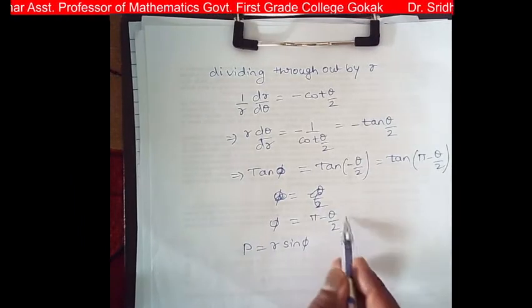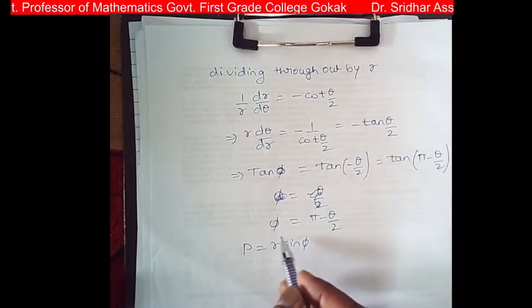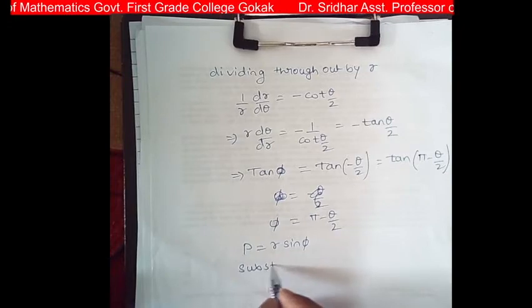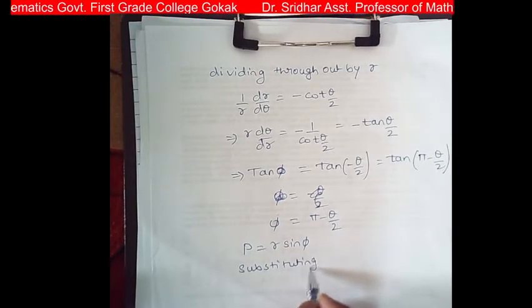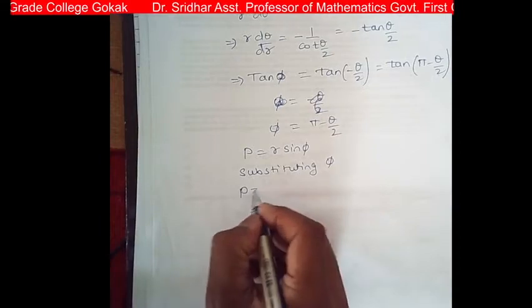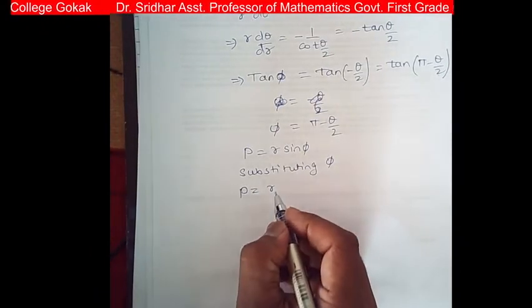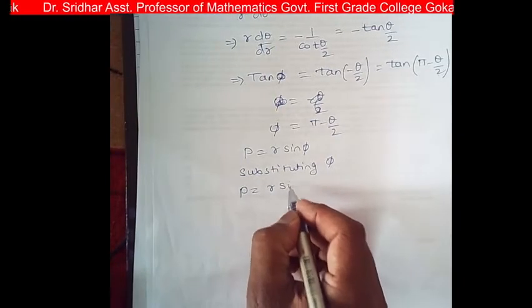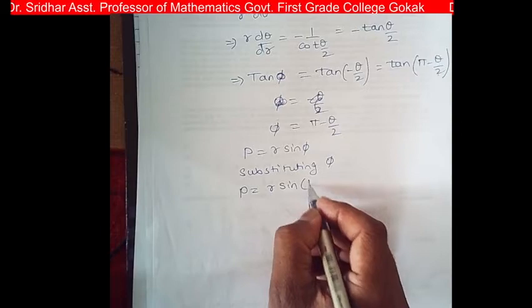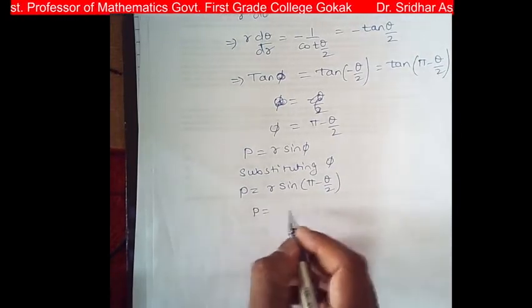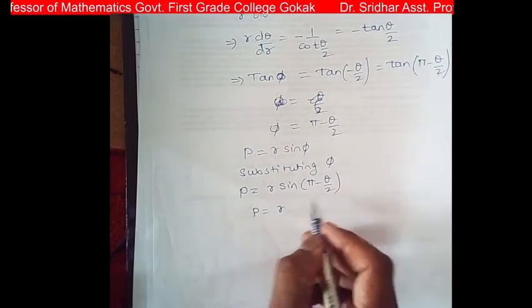Now substituting this phi, you get P is equal to R sin phi, meaning pi minus theta by 2, or P is equal to R sin of pi minus theta by 2.